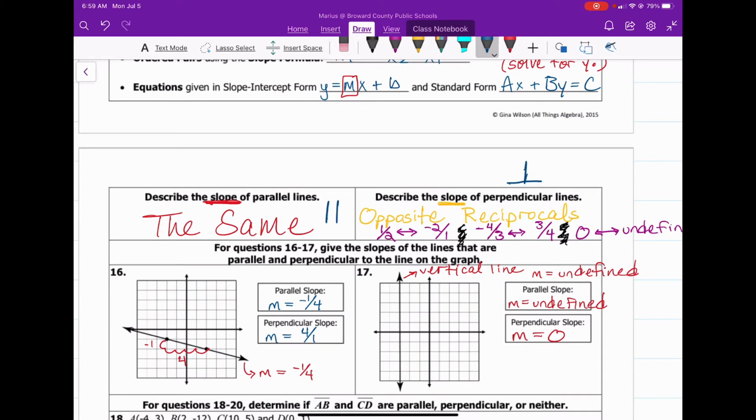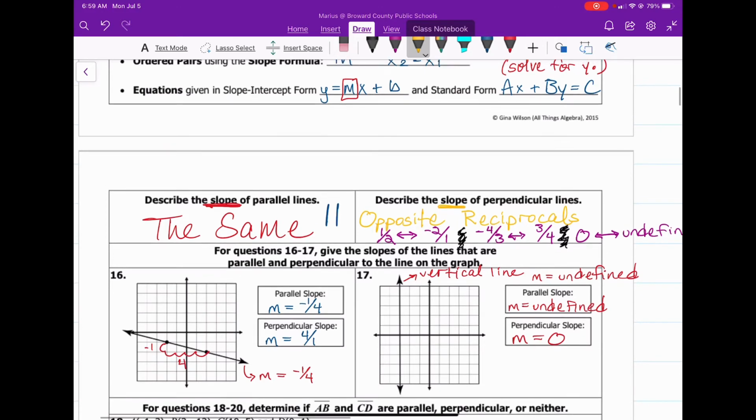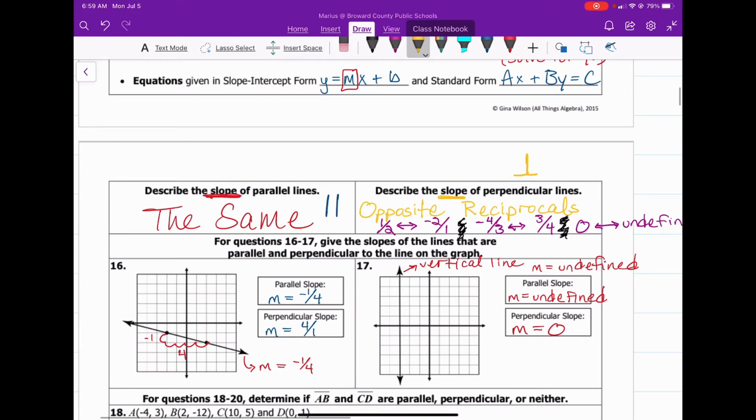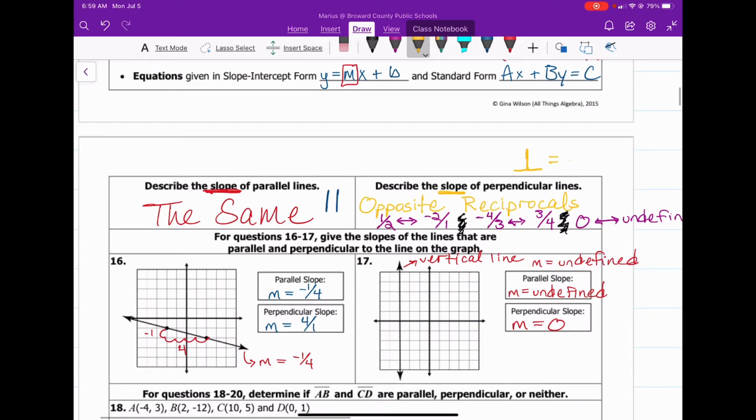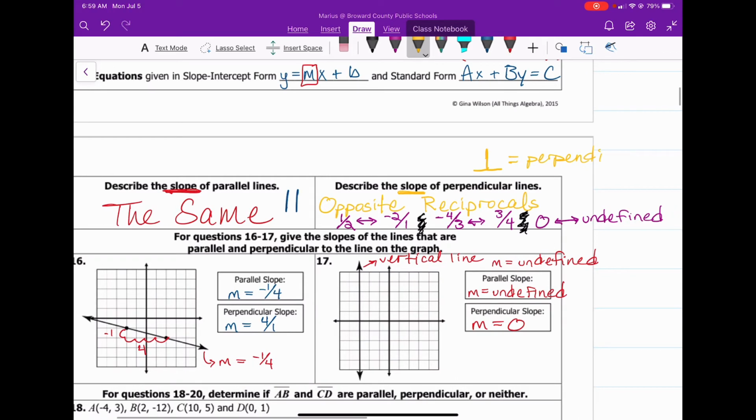So if you see this yellow or gold symbol, that means perpendicular. And if you see the blue one here, that represents parallel.